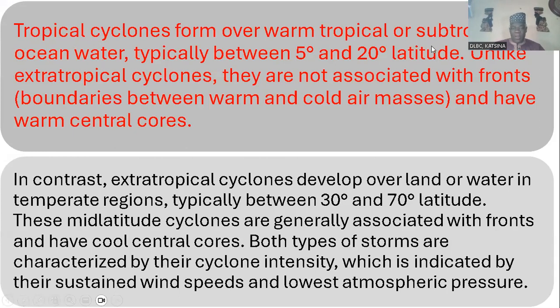Unlike extratropical cyclones, they are not associated with fronts, that's boundaries between warm and cold air masses, and have a warm central core. Actually, what happens is that within the tropics, we don't have fronts, because fronts develop where there's a sharp contrast between warm and cold air masses, which leads to atmospheric disturbances.